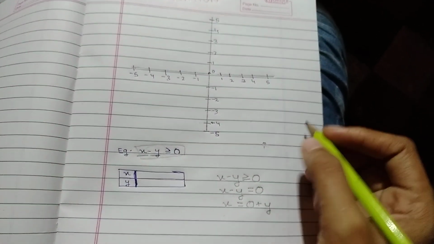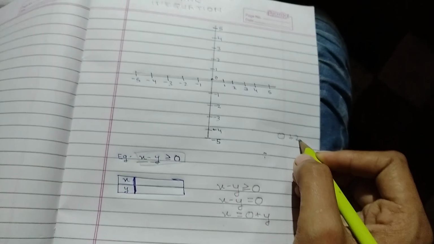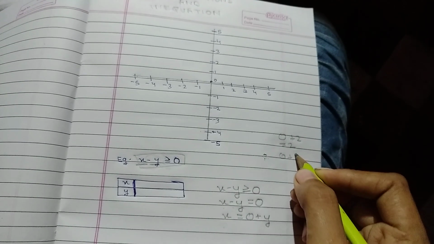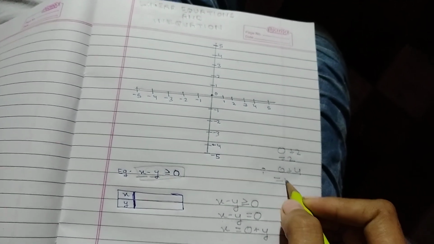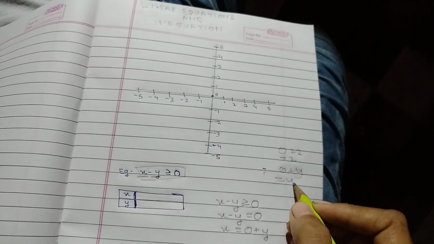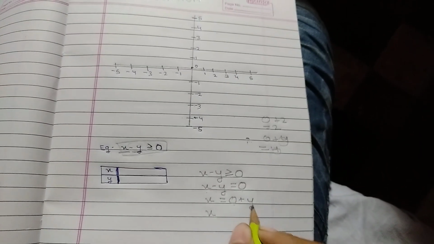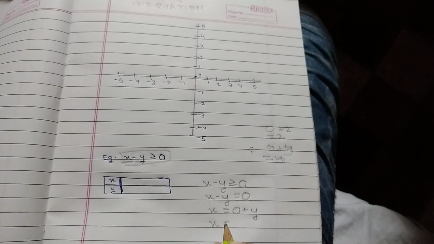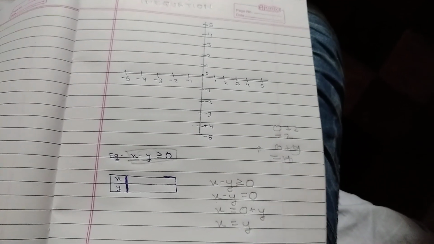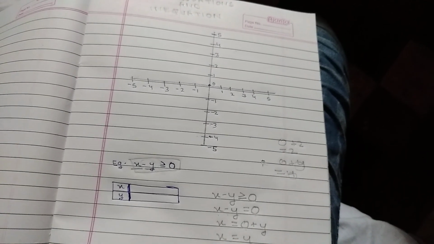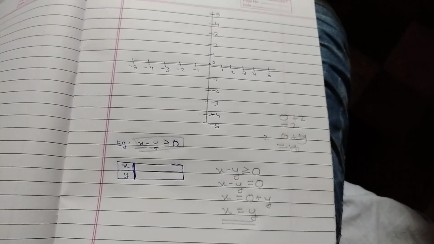For example, 0 plus 2 is 2, and 0 plus 4 is 4. So the number itself will be the result. So 0 plus y is going to be y itself. So here comes another equation: x equals y.